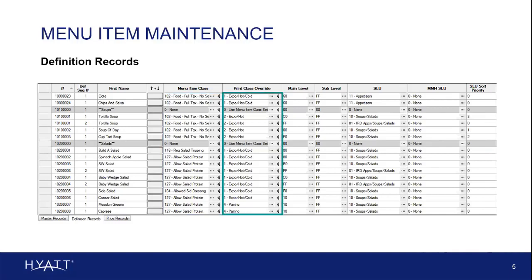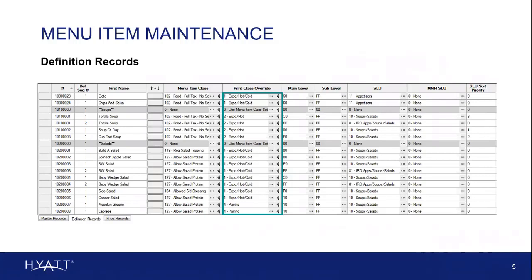The print class override is where does this item print in the kitchen or in the bar? Which printers does it go to? And the override is because you don't have to assign a print class override. If you don't, you'll see the grayed out examples are 0, use menu item class settings. So if you have the print class override set to 0, then instead of using this column, it'll actually look to the menu item class and see what print class is assigned there and use that.